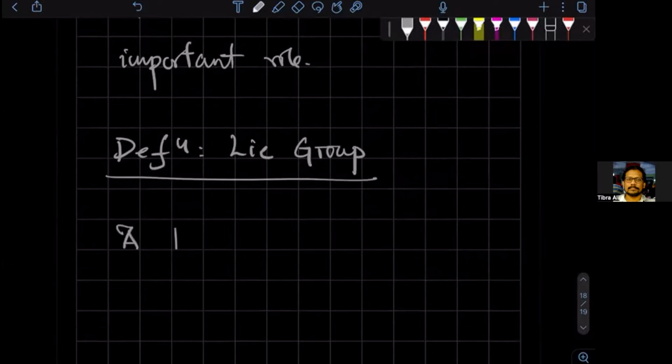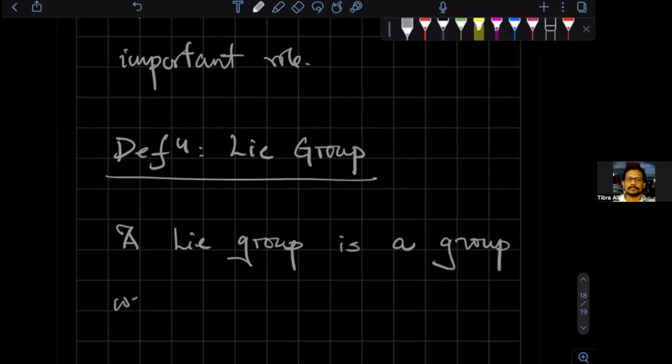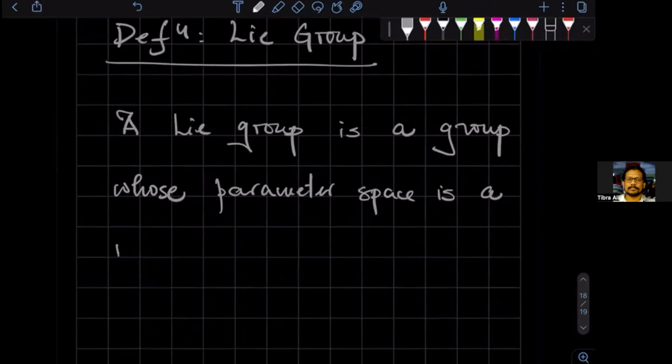A Lie group is a group whose parameter space is a manifold. Another way of saying it is that a Lie group is a group which is also a manifold.